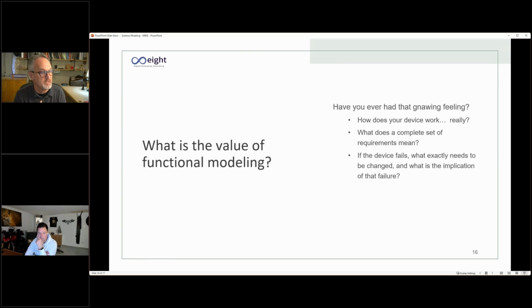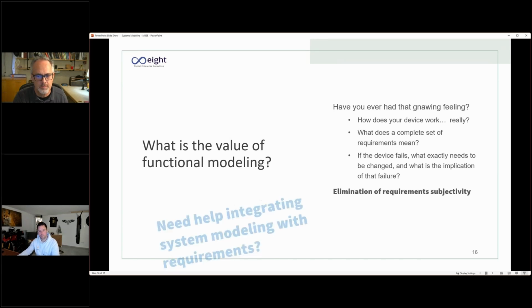Functions sometimes support more than one chain, or often do. And so if we change a function or we change a requirement, it's often going to impact something else in the system. And we really need to understand what those relationships are if we want to have some kind of a chance of not breaking things when we make changes. So it's really this elimination of requirement subjectivity.